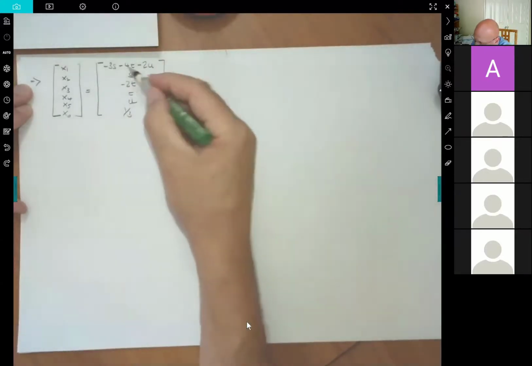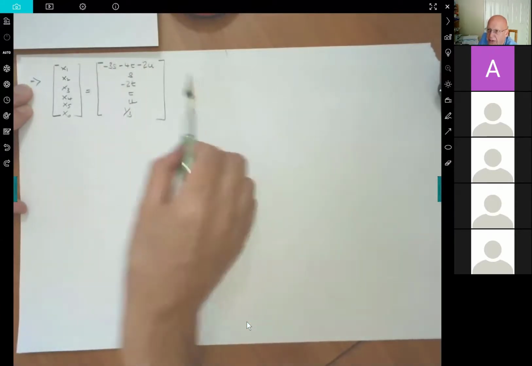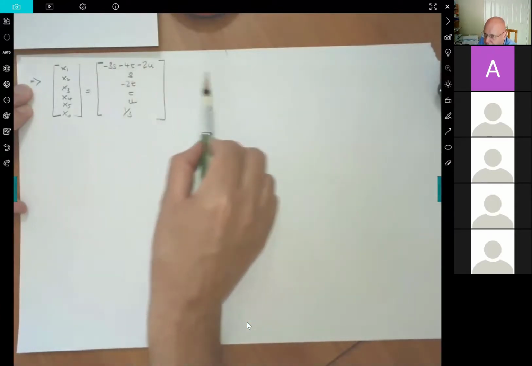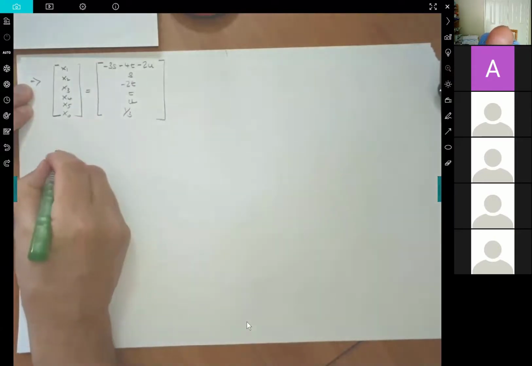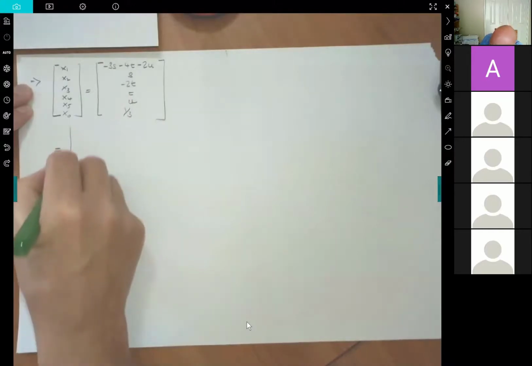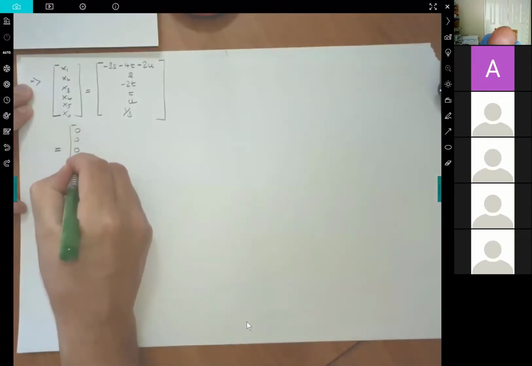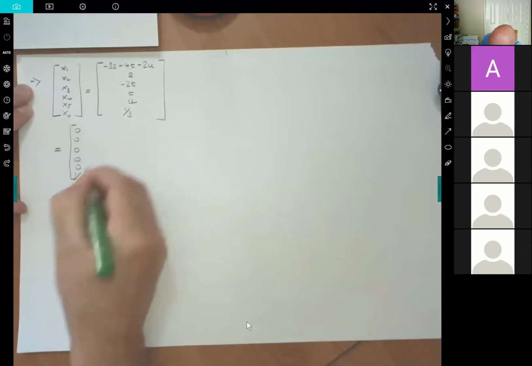Okay, now we see there s's, t's, and u's. So I split this vector up now into constants, s's, t's, and u's. So there's only one constant here. All the others have a 0. 1, 2, 3, 4, 5, 1/3.